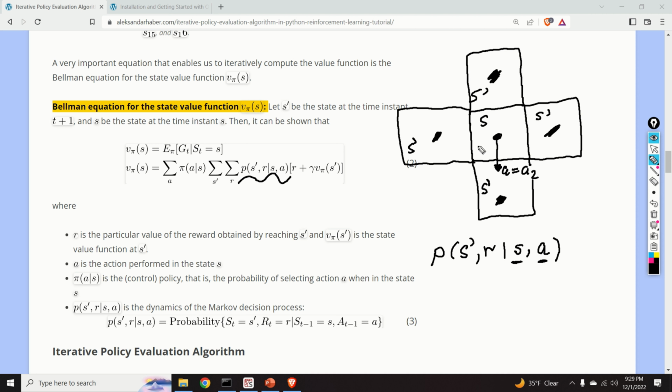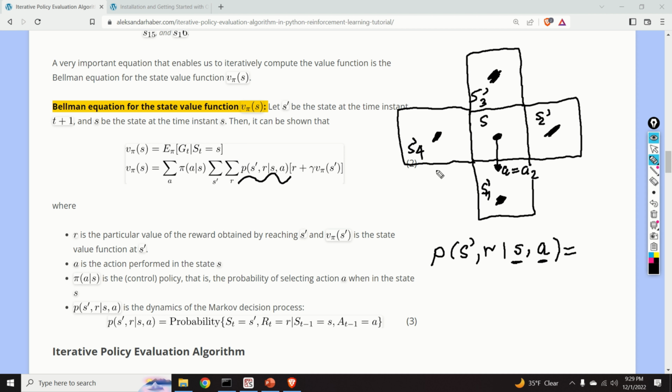For example, to this particular case, we can assign this probability to be equal for all of these S prime. Let's call this S prime 1, let's call this S prime 2, S prime 3, and S prime 4.